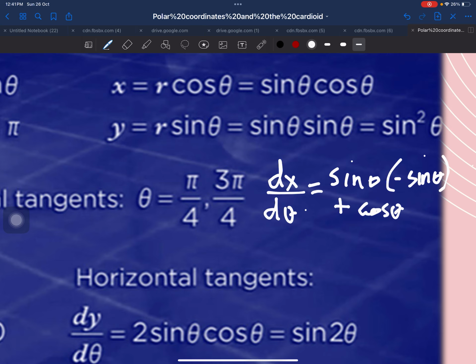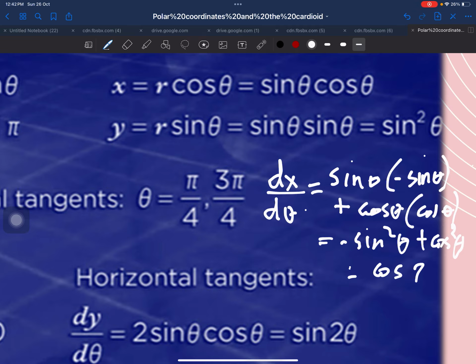When simplified, this is equal to negative sine squared theta plus cosine squared theta, which is equal to cosine 2 theta.